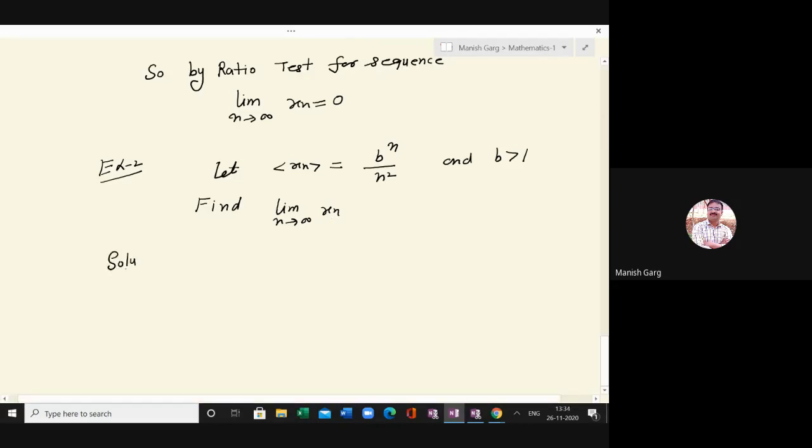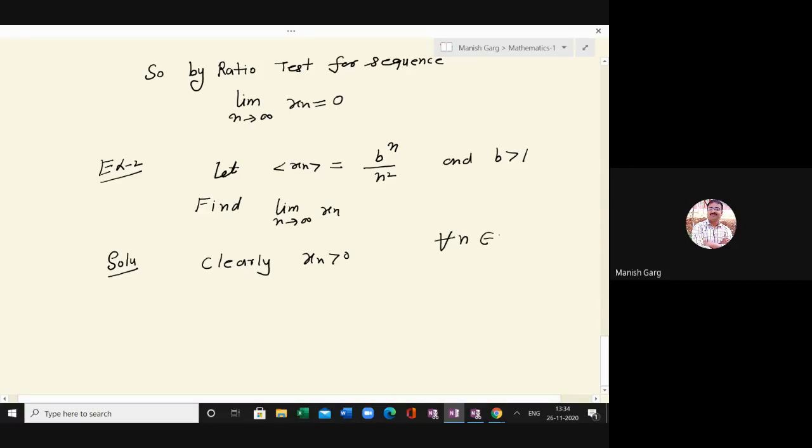Again one thing, all terms must be positive. If you want to apply the ratio test, it is compulsory to check that all terms must be positive. So here obviously all terms are positive. Clearly xn is greater than 0 for all n.